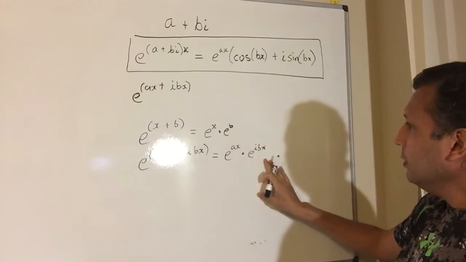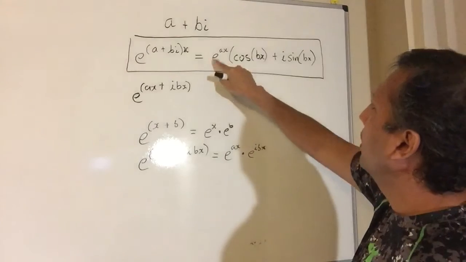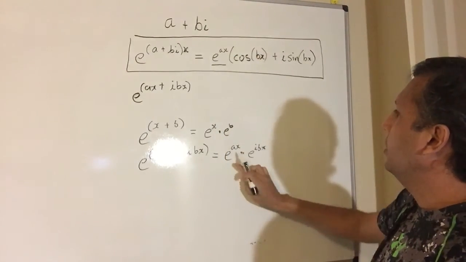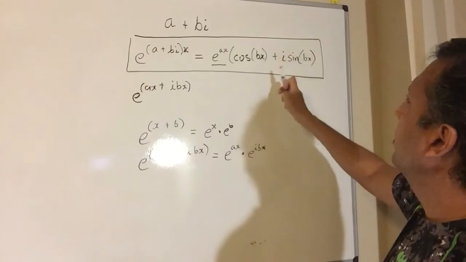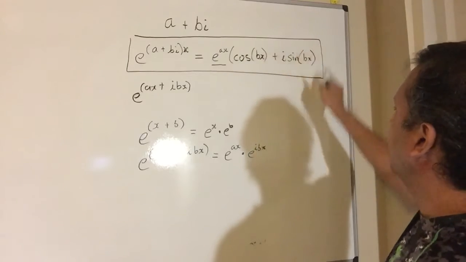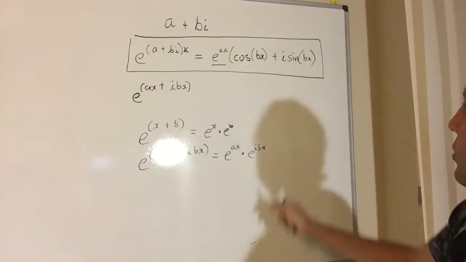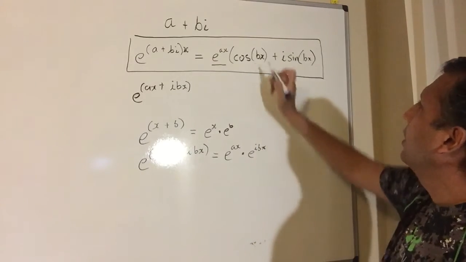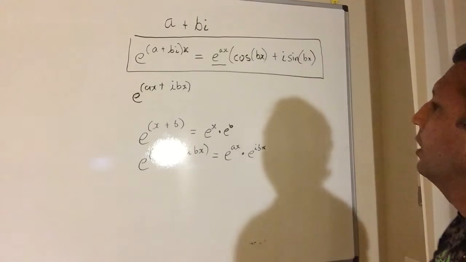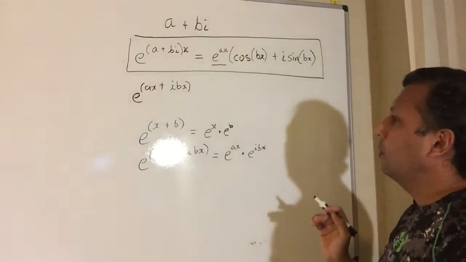So now we've found this part here, e to the ax is here. Now the parentheses is going to be represented by this value here. So now e to ibx is now cos bx plus i sine bx, and that's Euler's principle.